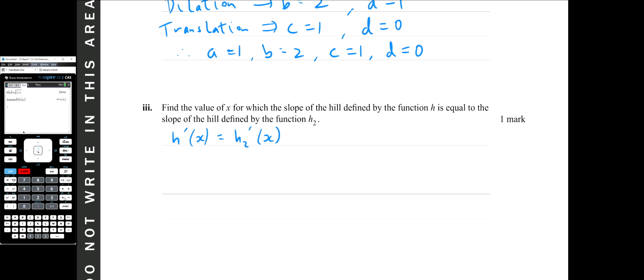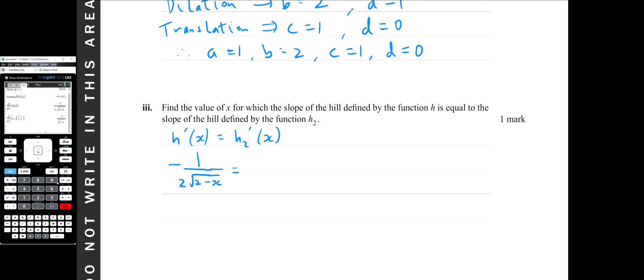So d/dx of h(x) is equal to −1 over 2√(2 − x). We want that to equal the derivative h2'. So d/dx, and remember, h2 was 2√(3 − x).